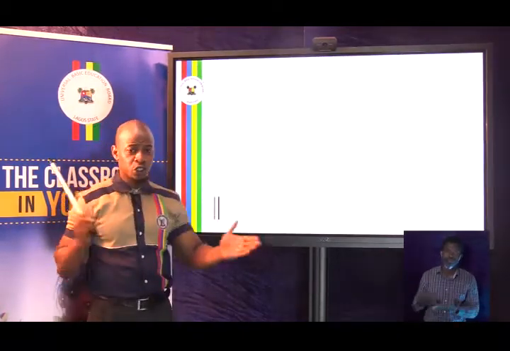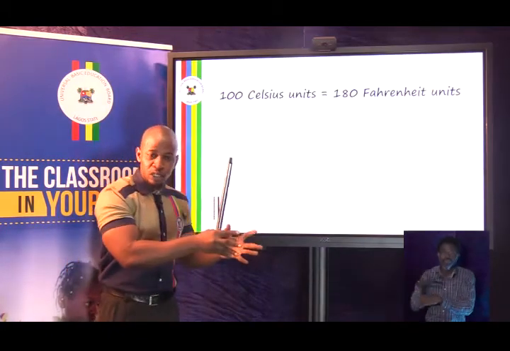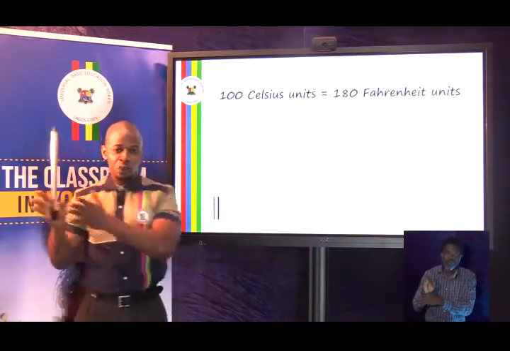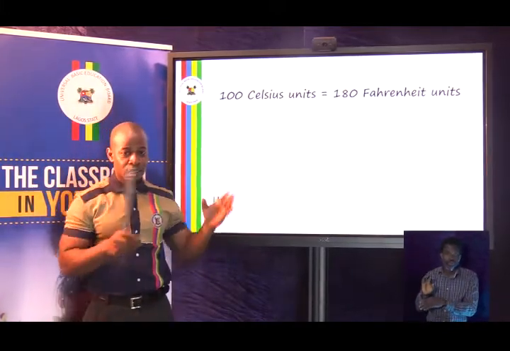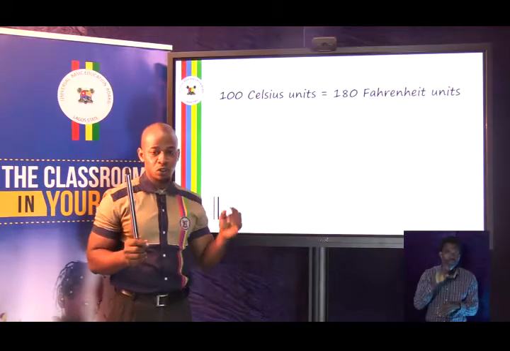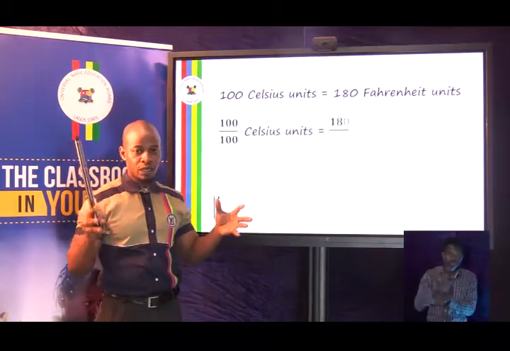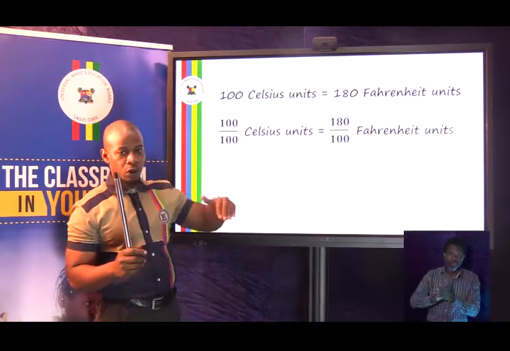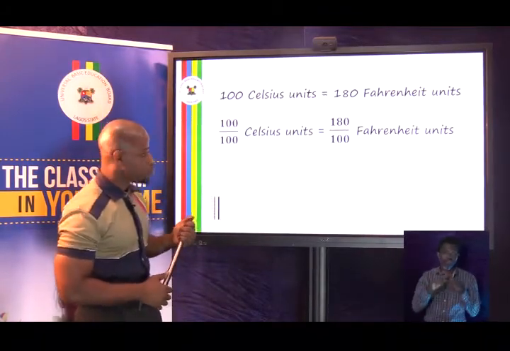This is just the relationship between Celsius and Fahrenheit. If you forget, you can always redraw that diagram to guide you. Put the boiling point and the freezing point of water on both sides, and you will always remember 100 to 180.